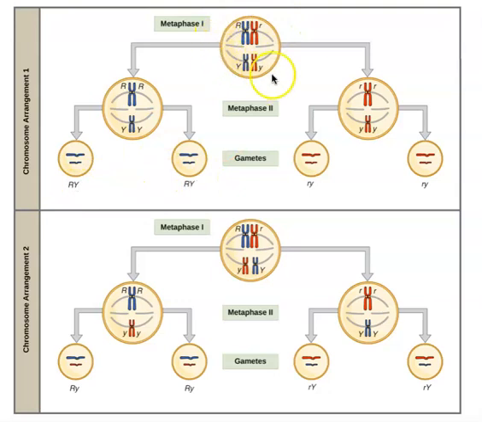But this is not the only alignment that could occur. If you look at this right over here, the big R could have aligned in this side, but then the little y aligned in this side as well. So now you have a new combination of alleles in your sex cells, in your gametes. If you see here, this one by chance alone got a big R and a big Y. But in this other arrangement, this one got a big R and a little y.